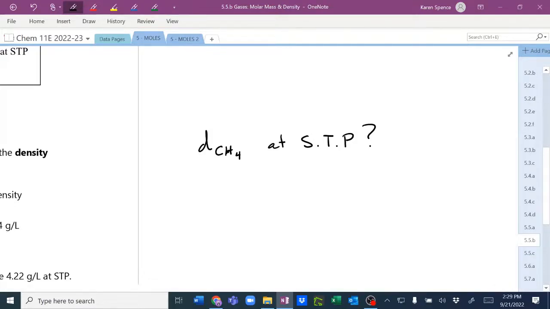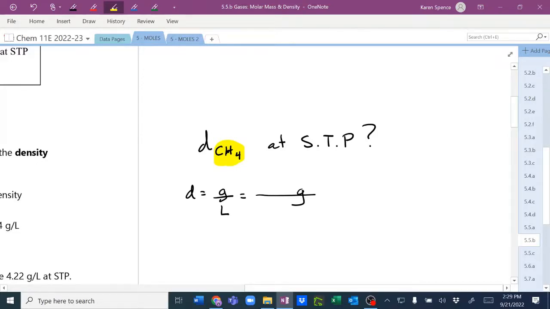So what's the unit on top of density? Grams per liter. I need something I know about CH4, a number attached to CH4.